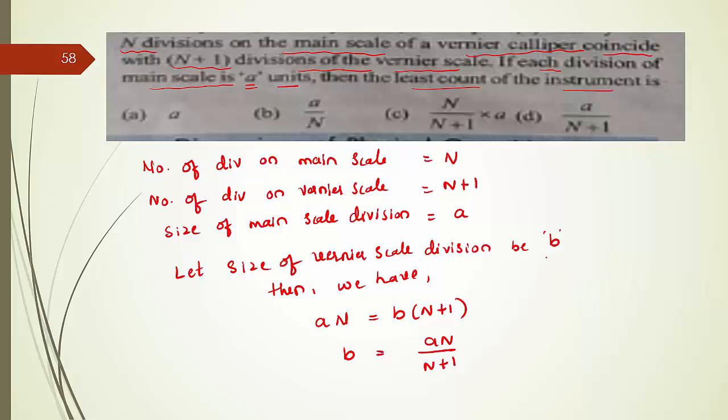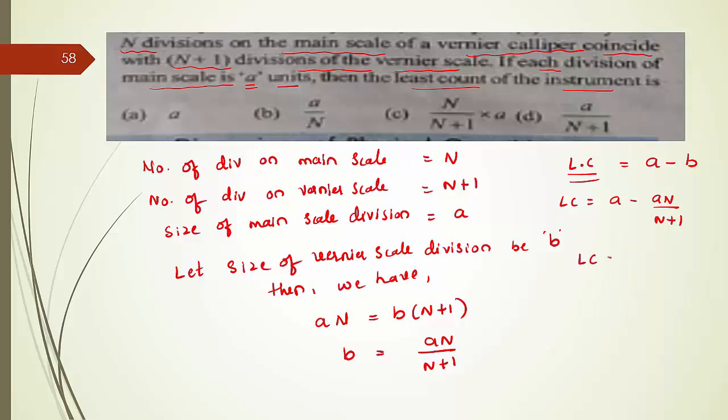Then least count is what? Least count means very smallest value. We have to find least count. So least count equal to A minus B, means size of main scale division minus size of vernier scale division. Subtract these two values. A minus B means A minus A into N divided by N plus 1.